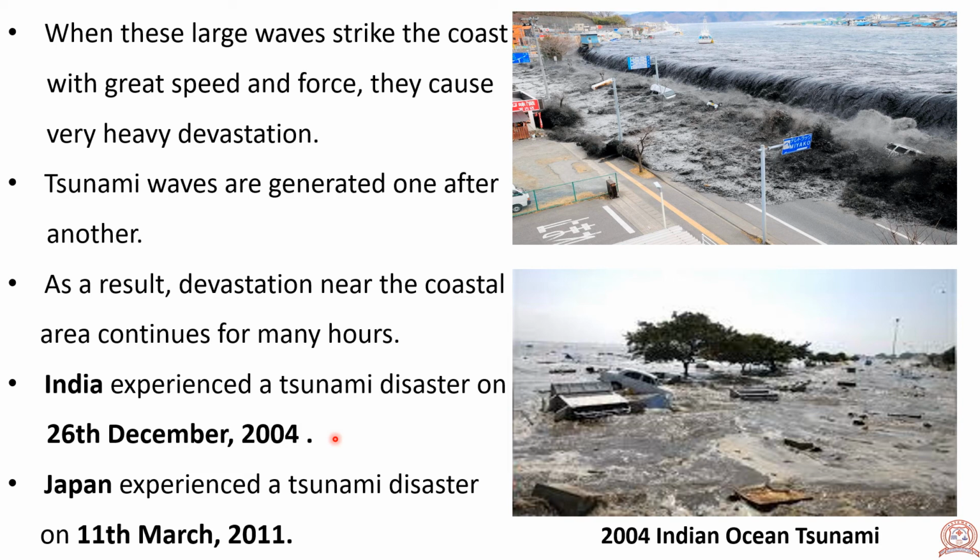The 2004 Indian Ocean earthquake and tsunami occurred on 26th December with an epicenter off the west coast of northern Sumatra in Indonesia. Nearly 230,000 people died in the 2004 Indian Ocean earthquake and tsunami, making it one of the deadliest disasters in modern history.